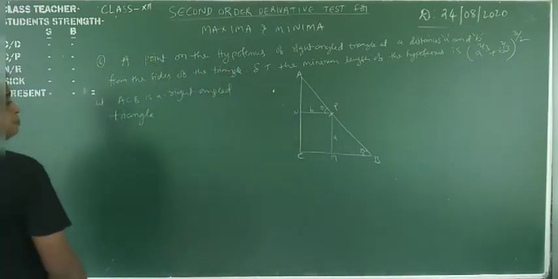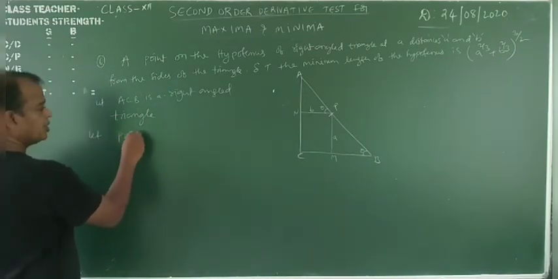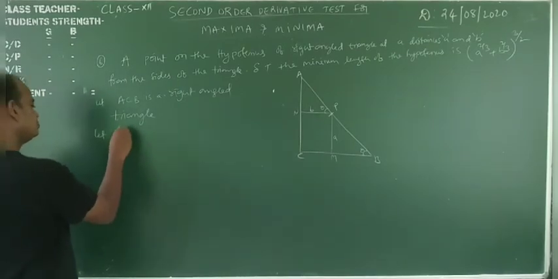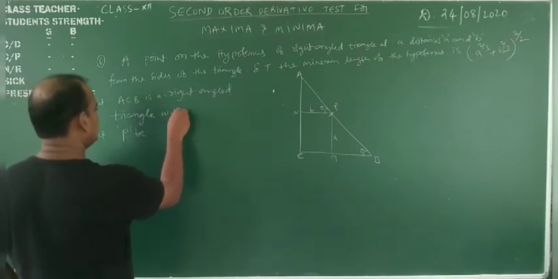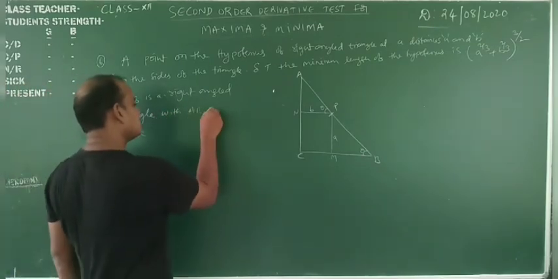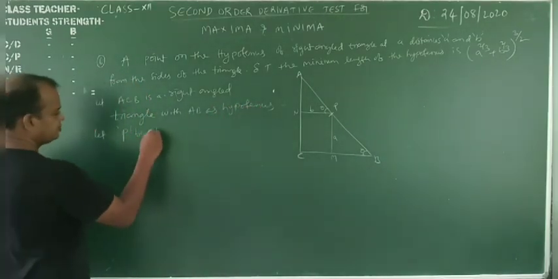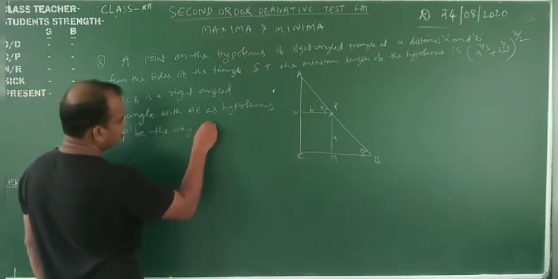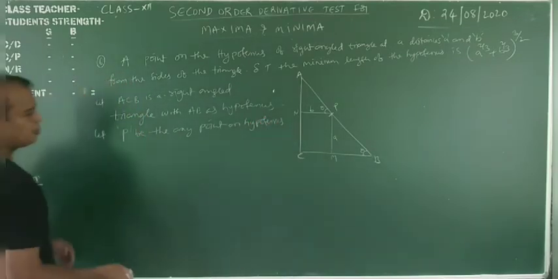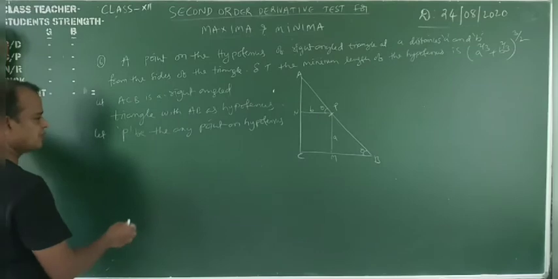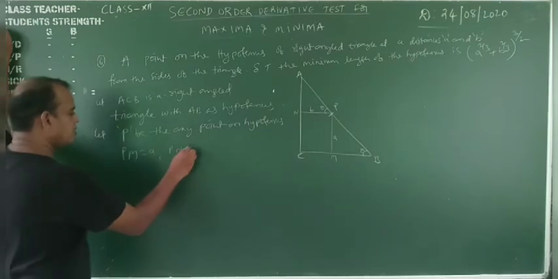Let ACB be a right angle triangle with AB as hypotenuse. Let P be any point on the hypotenuse. Okay, my dear students. Therefore PM is equal to a, PN is equal to b.